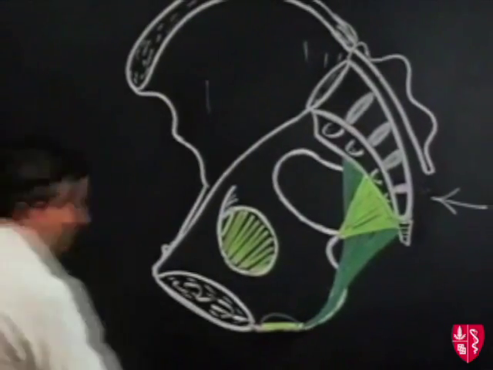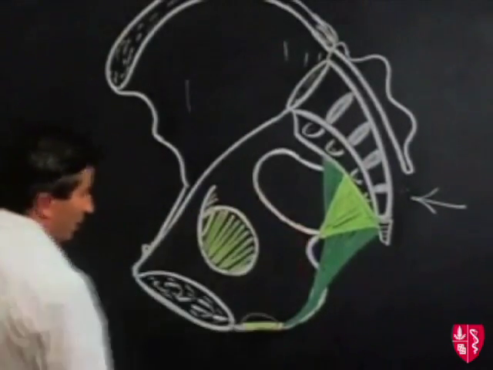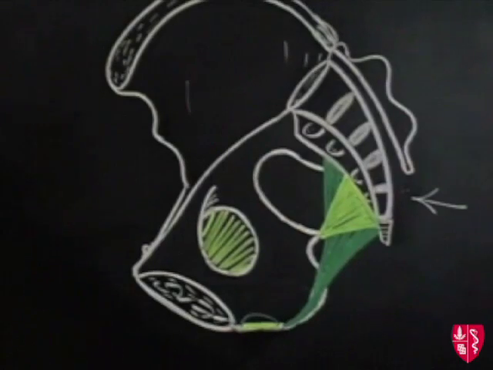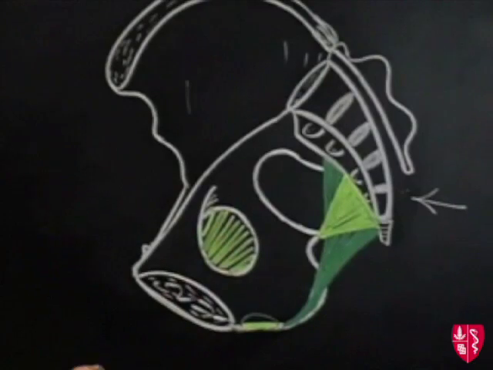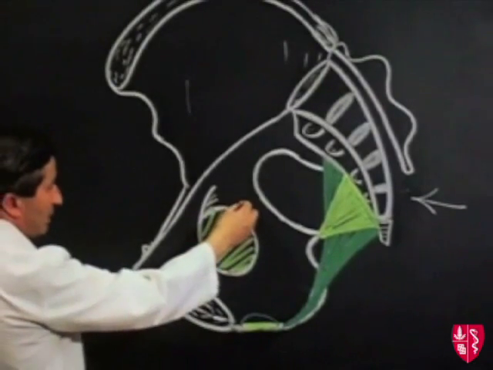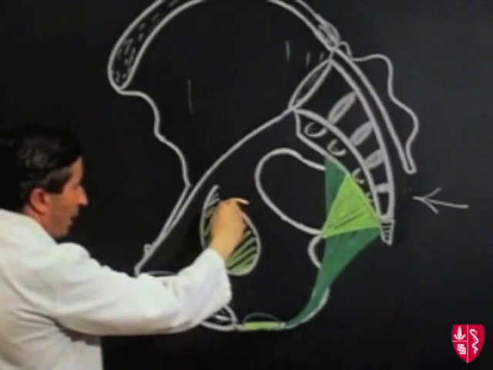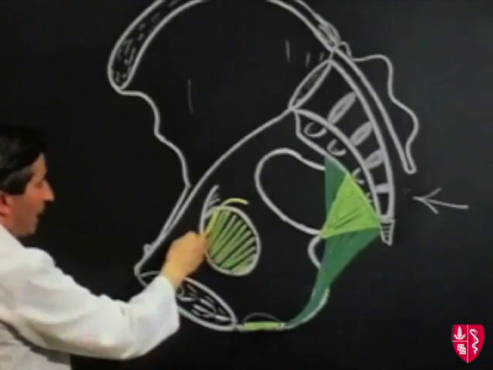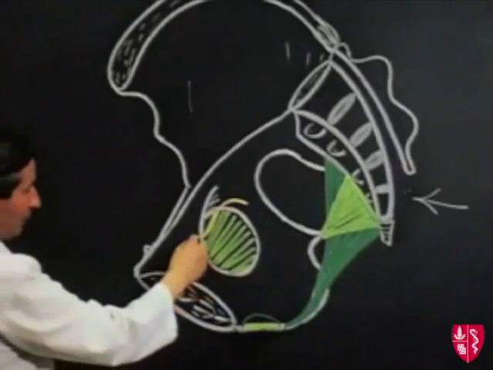Now let us put in the muscles which line the walls of the true pelvis. First of all, let us put in the obturator internus. Now the obturator internus muscle arises from the inner surface of the obturator membrane and from the inner surface of the bony margins of the obturator foramen.